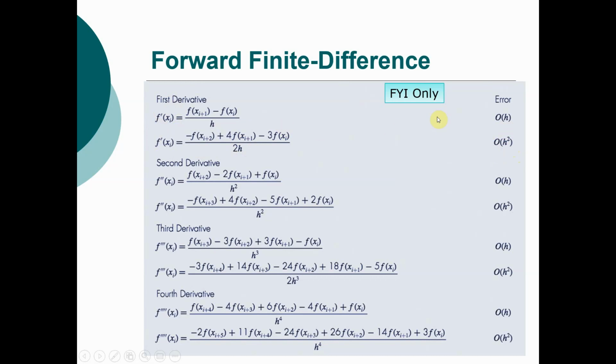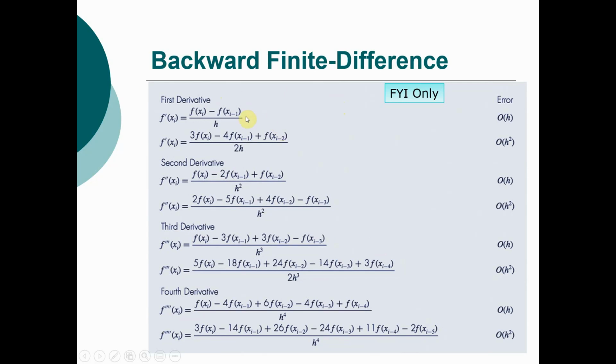But this one is only for your information. The same way that we can calculate the first derivative using forward difference, we can calculate second or third or fourth derivatives as well, right? So these are formulas for second derivative, third derivative, fourth derivative using forward finite difference. The same thing applies for the backward finite difference.